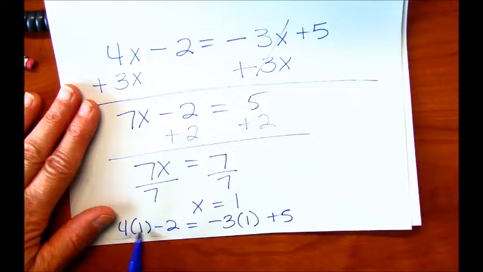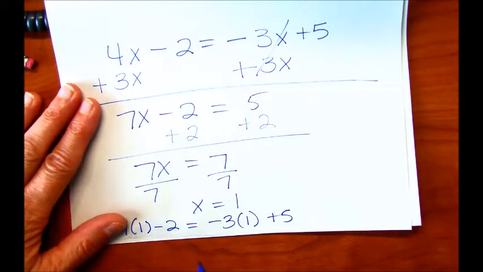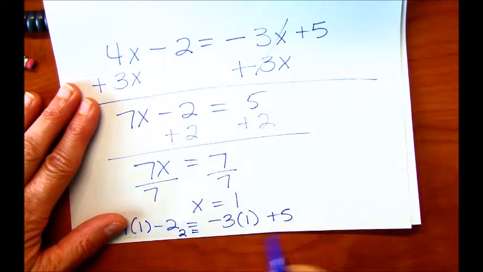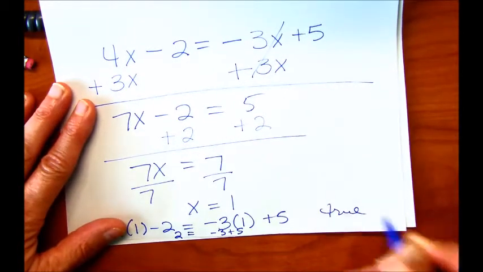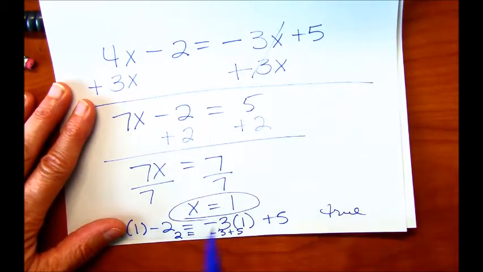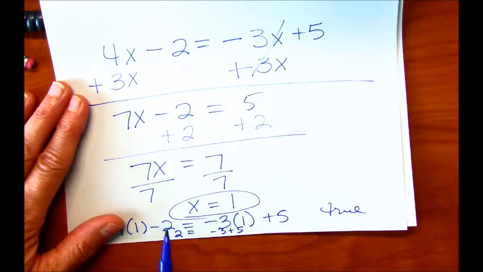Well, 4 minus 2 is going to give me 2, and negative 3 plus a positive 5 is also going to give me 2. So this is a true statement, and the solution for this equation is 1.